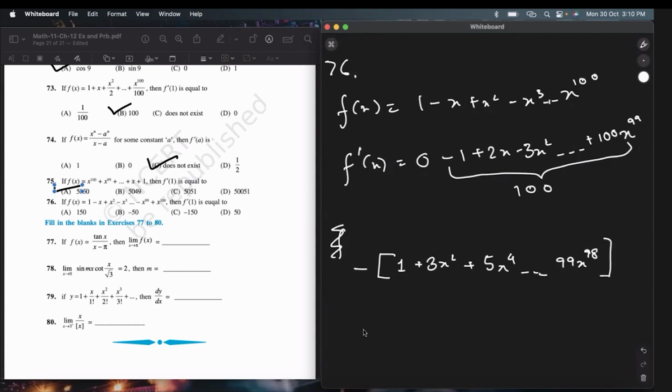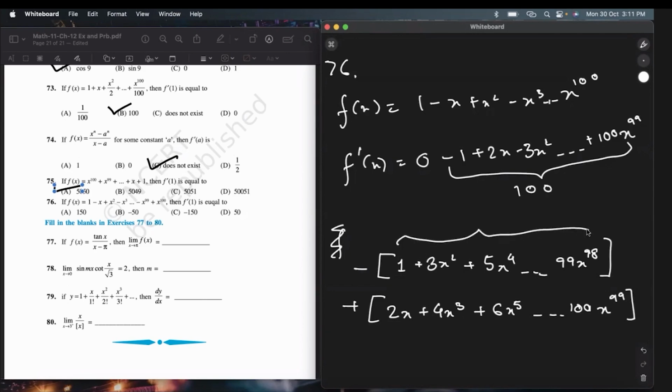This is in minus. And what will be in plus? The even part: 2x plus 4x cube plus 6x to the 5, going on till 100x raised to the power of 99. I have separated the odd and even parts, and both have 50 terms, because there are a total of 100 terms, so they separate evenly.